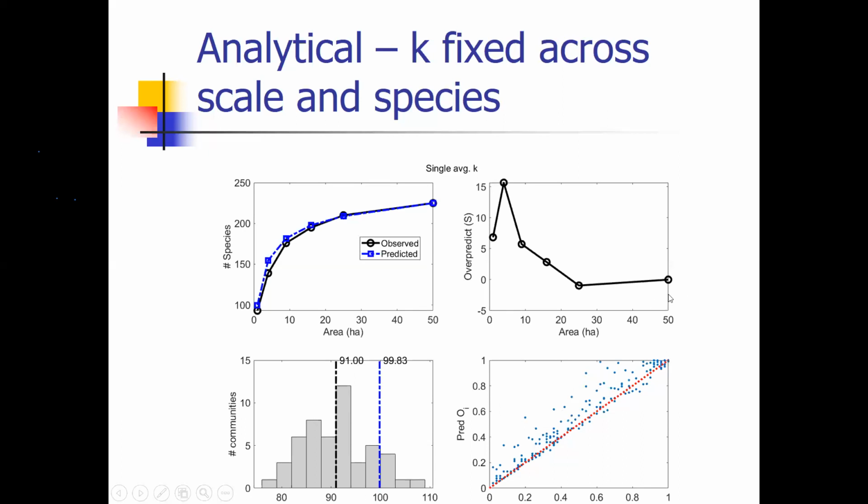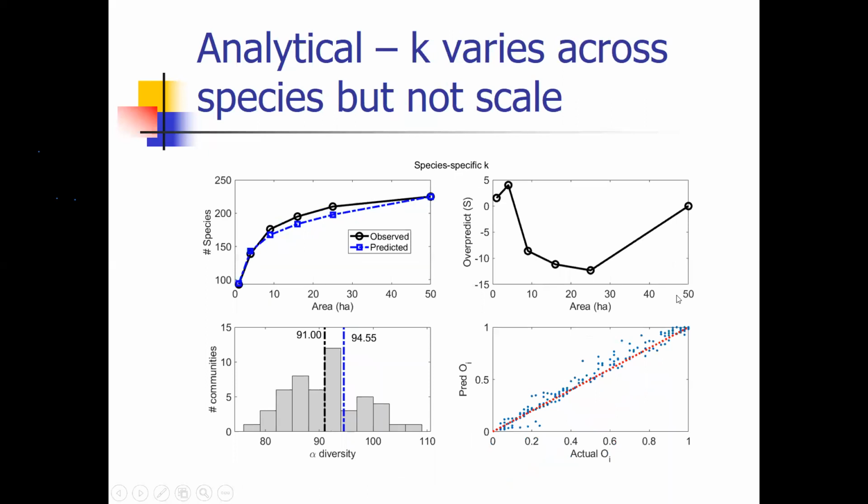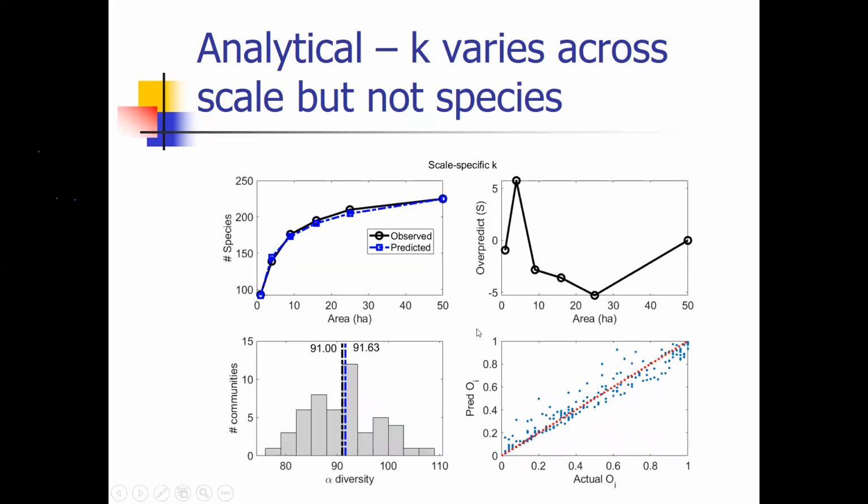Some other variants that we could try: letting K vary across species, but not across scales. So averaging the K across scales for each species, so 225 Ks. It's a little better, but not worth adding in 224 parameters, in my opinion. Another choice is to let K vary across scale, but not species.